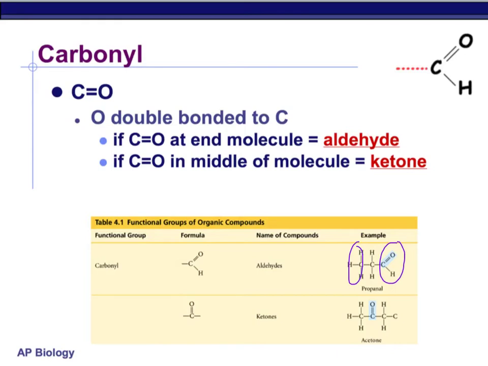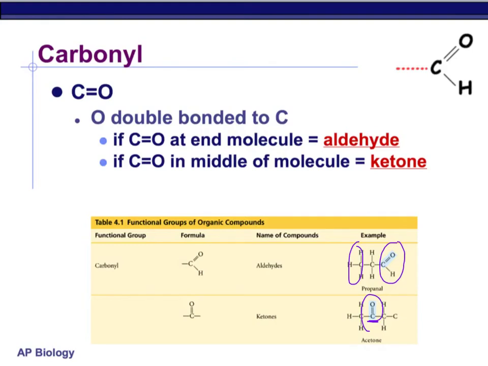So if it's on the extreme right or the extreme left, this is not just a carbonyl anymore, it's called an aldehyde. If the double bond between the carbon and the oxygen happens in the middle of the molecule, like it does here, now we have a ketone. So we call them different names based on the location of the double bond between the carbon and the oxygen.